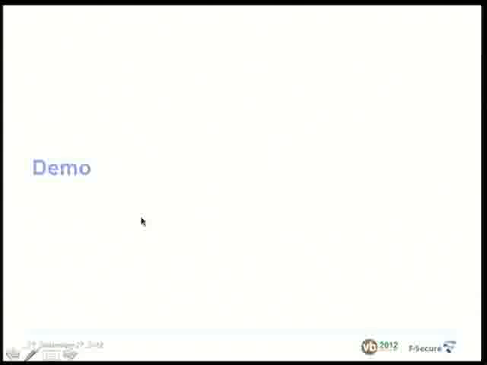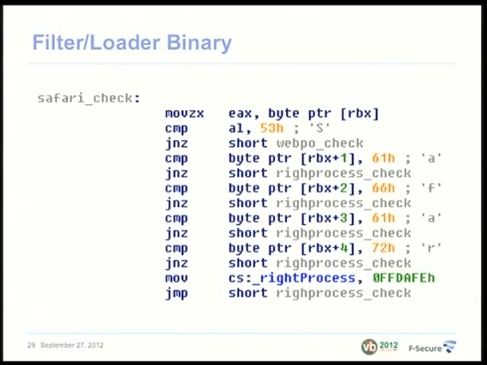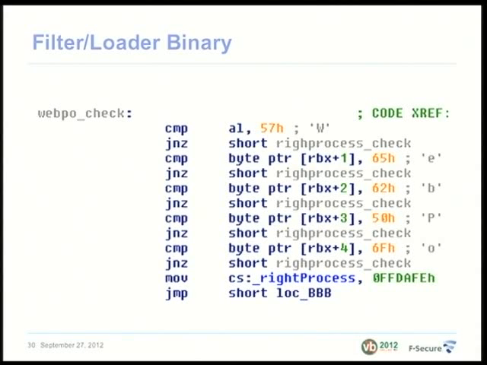For the remaining slides, I will quickly go through the remaining binaries. In some variants, there is a loader binary, and what it does is to make sure that the main binary is only loaded by the Safari process or the web process. However, unfortunately for Flashback's author, they committed a typo.